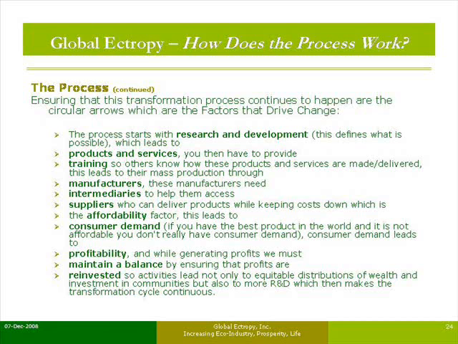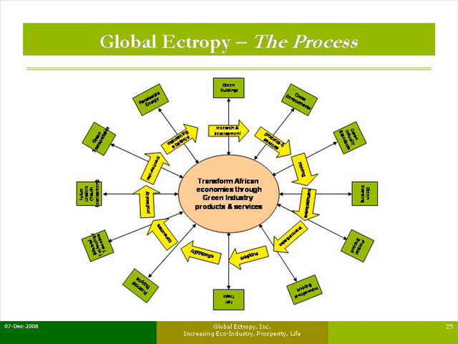And while generating profits, we must maintain balance by ensuring that the profits are reinvested so activities lead not only to equitable distributions of wealth and investment in communities, but also to more research and development, and then the cycle begins again.